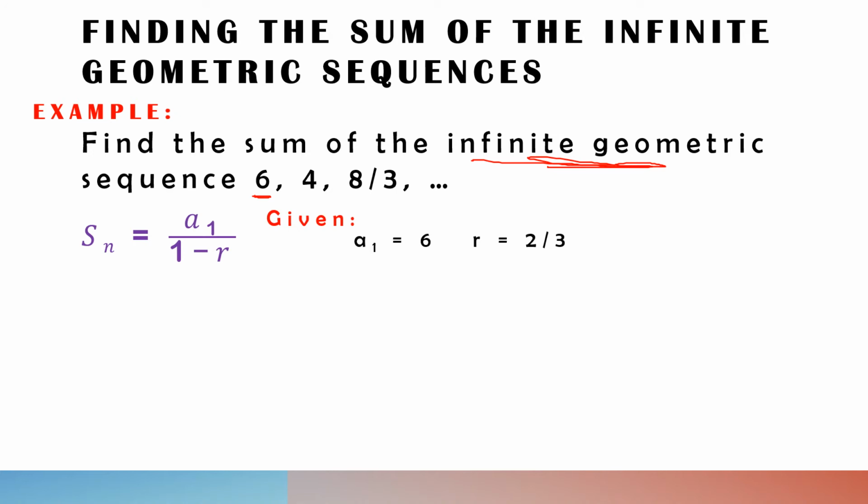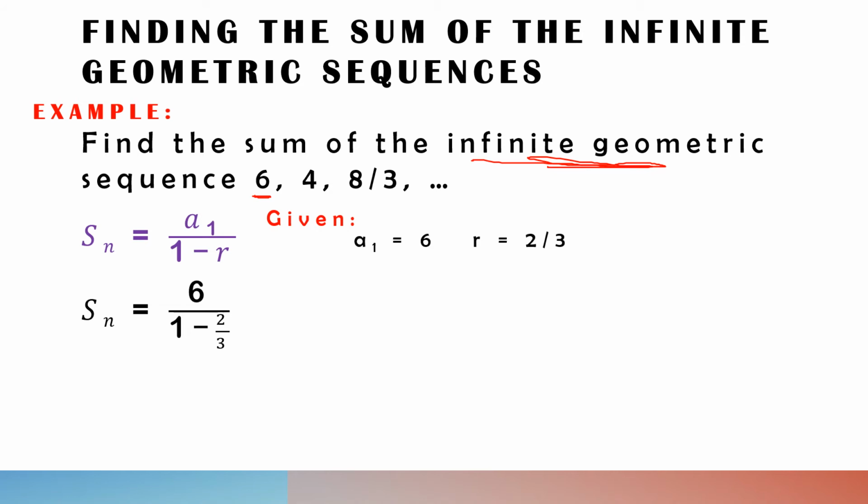So a sub 1 is 6 while the r is 2/3. As you can see, the ratio here is between negative 1 and 1, so we will make use of the formula for the infinite geometric sequence. We substitute the values: a sub 1 is 6, while r is 2/3.